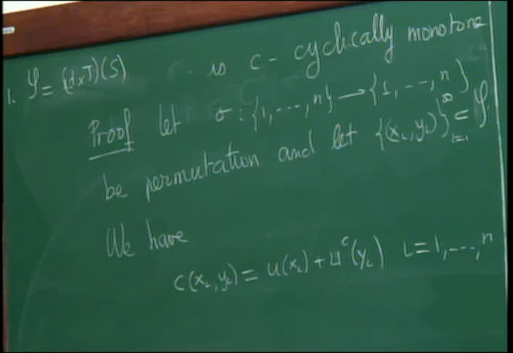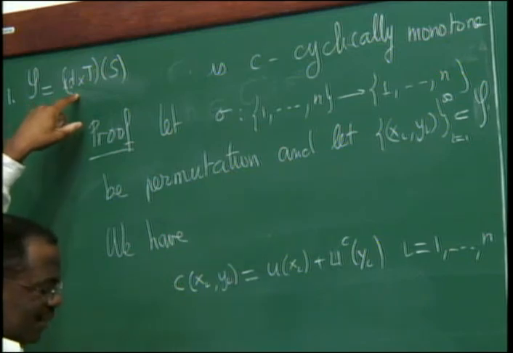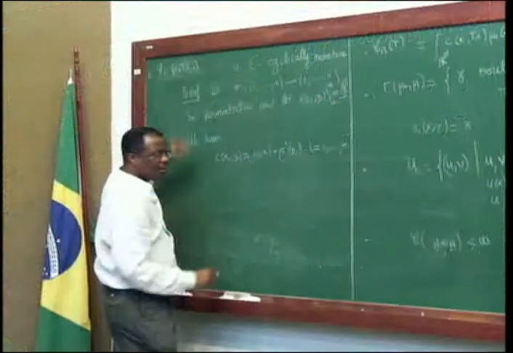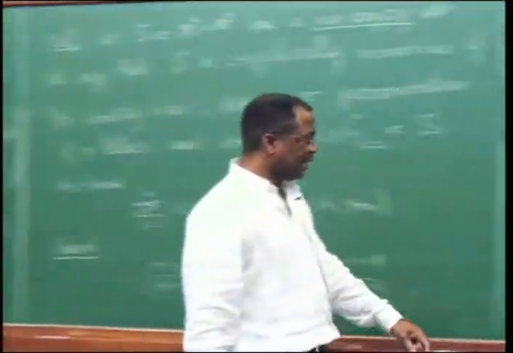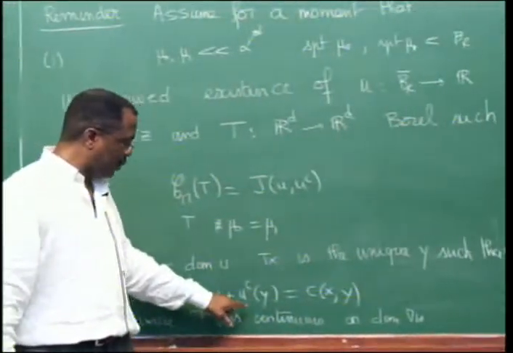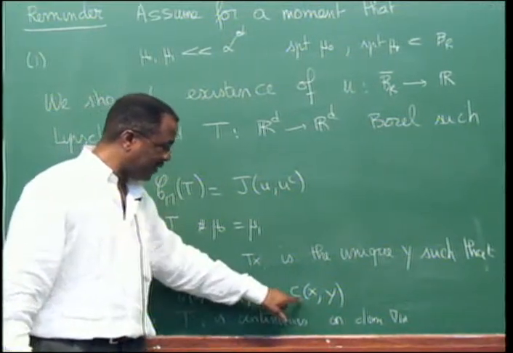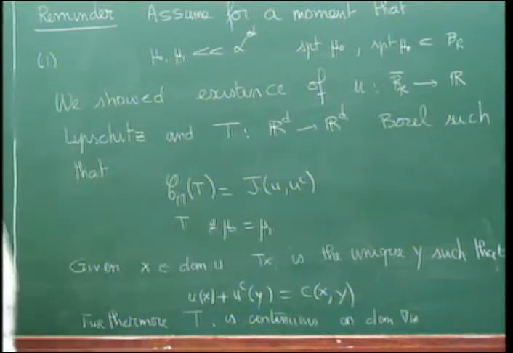So by definition, being here means y_i is T of x_i. But T of x_i is characterized by the fact that U of x_i plus U^c of y_i is C of x_i, y_i.